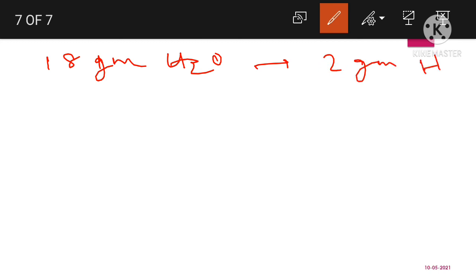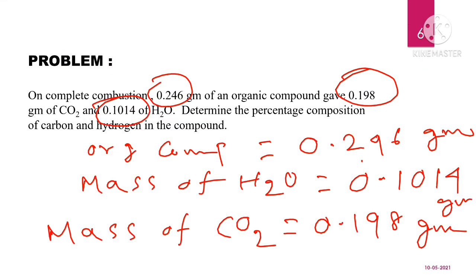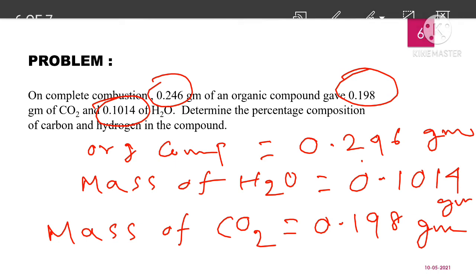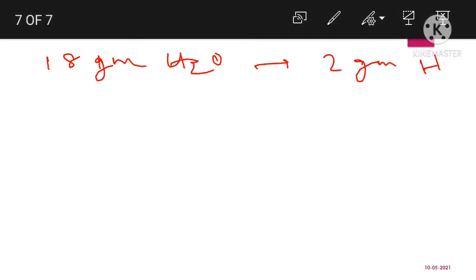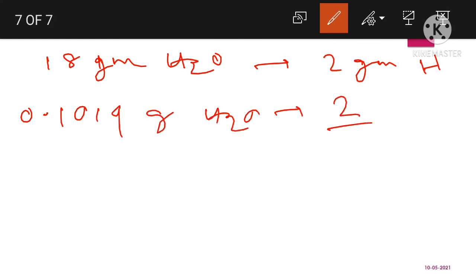The mass of water is 0.1014, so 0.1014 gram of water will give you 2 by 18 into 0.1014 gram of hydrogen.